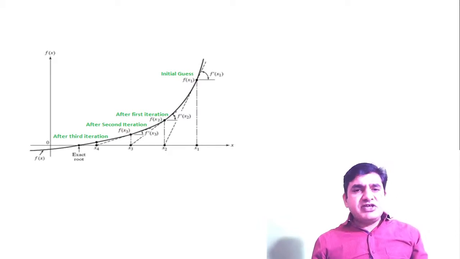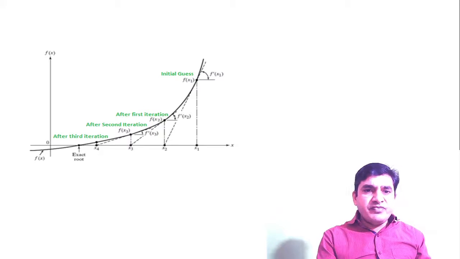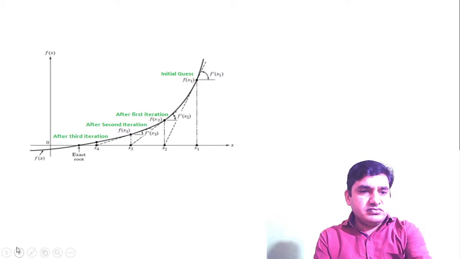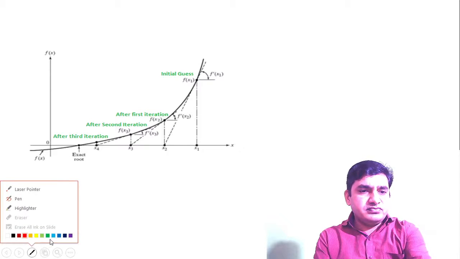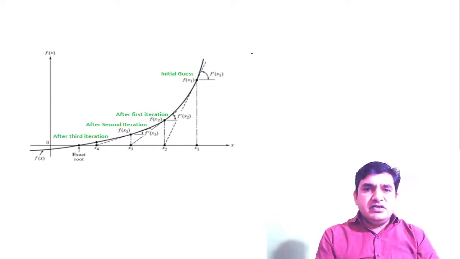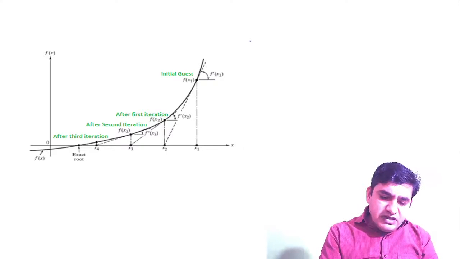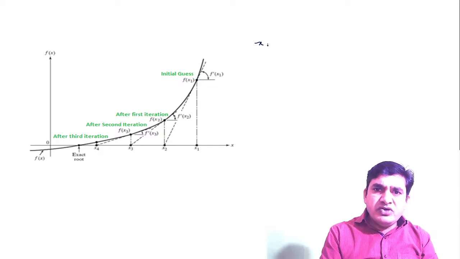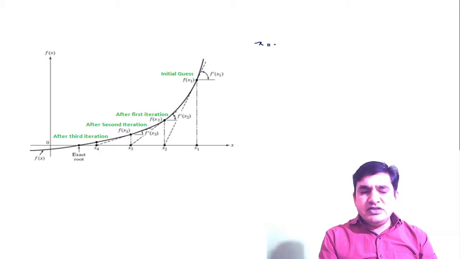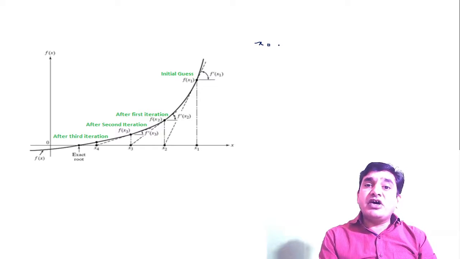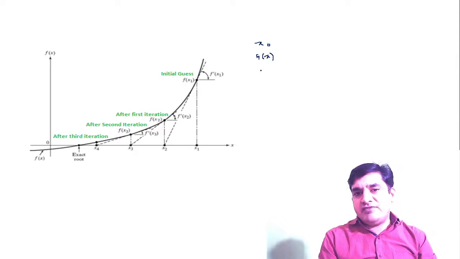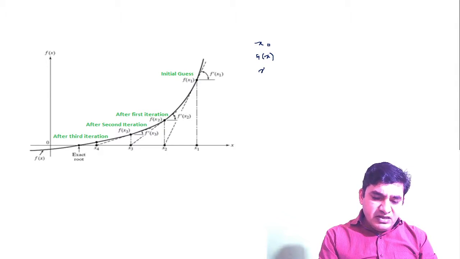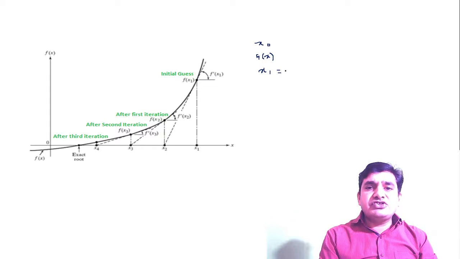Here this represents a function f(x). If the approximation x0 is given, or we can say that x0 is an approximate root of the function f(x), now x1 can be written as x0 plus h.